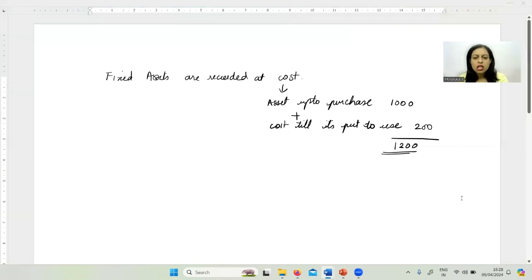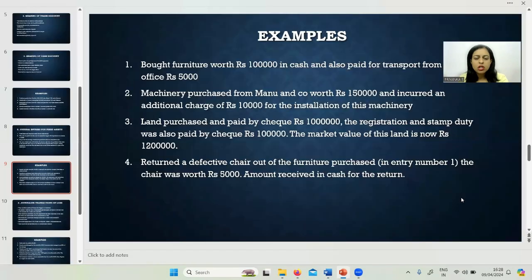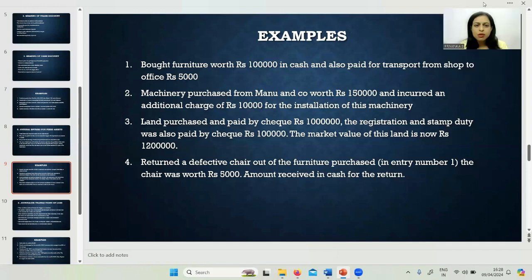Now let's move to the illustration that we are going to take into consideration. In this case, the first example says you are buying furniture worth 1 lakh rupees in cash, and also you are paying for transport from the shop to the office, rupees 5,000. So in this case, the account heads will be furniture and cash. Transport will not be a separate account head, but this transport of 5,000 will get added in the furniture account itself.